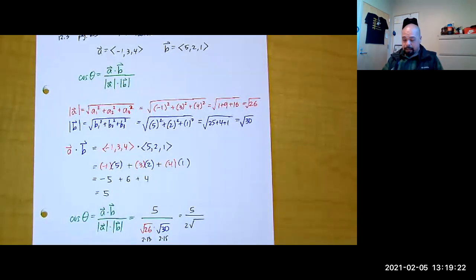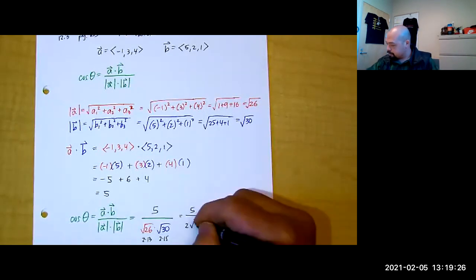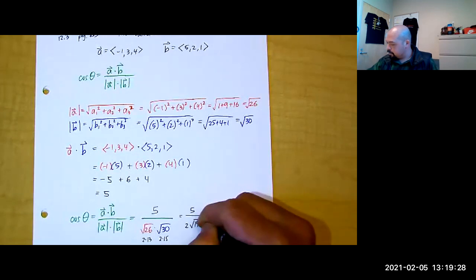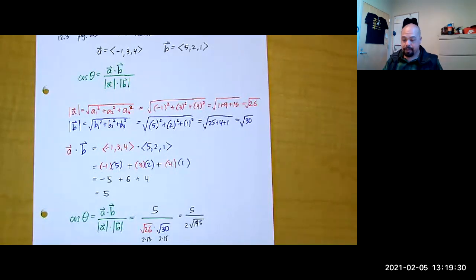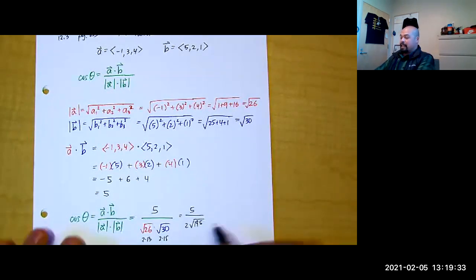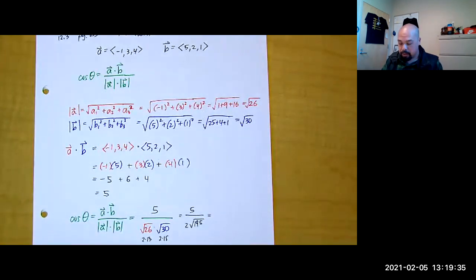Let me do that on my calculator. Again, we're going to do a lot of this work on our calculator anyways in a moment. But if I was to leave this in exact form, we're here. So doing that division, though, 5 divided by the square root of... Just a second, sorry.